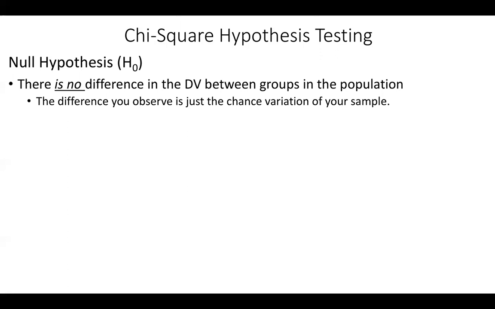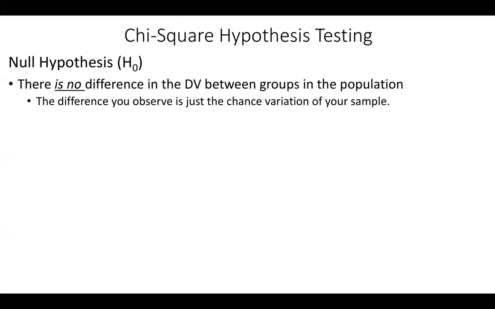And this null hypothesis is saying that there's no difference between values of the dependent variable across groups in the population. So here, if our dependent variable is who you voted for in 2016, we have groups that are Clinton, Trump, and other. Well, our independent variable is gender.